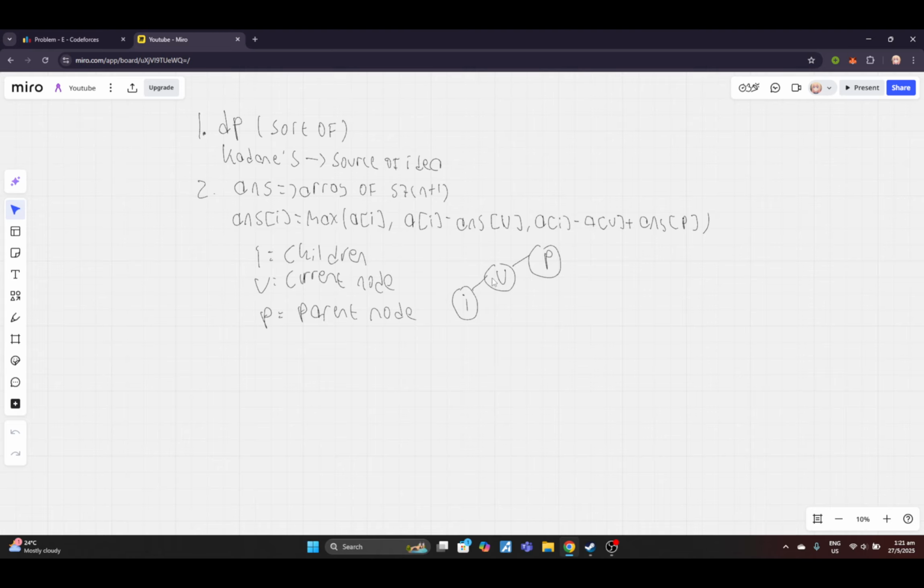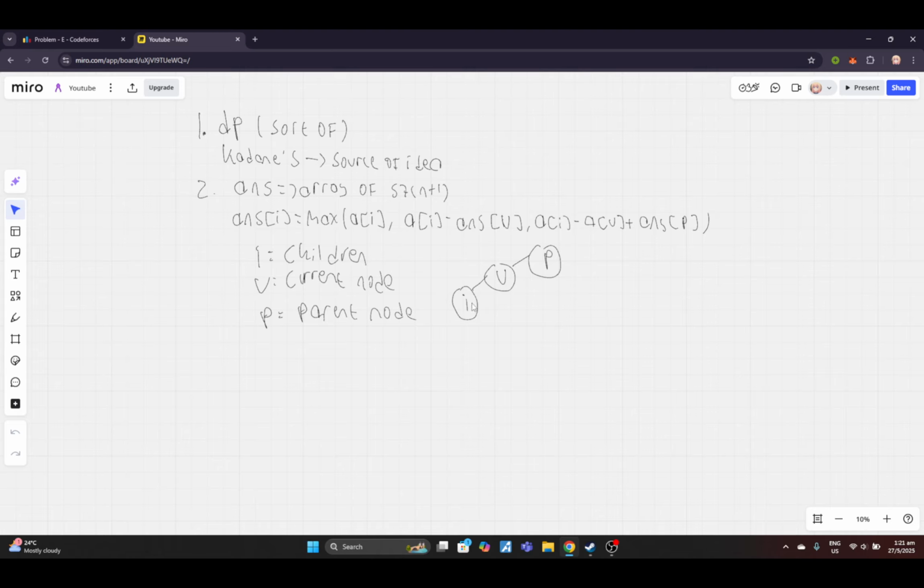The idea is that for the current answer, we can simply take a i, so basically the initial value of the node without changing anything. Or we can take the alternating sum of a i minus answer, because the answer here will be negative times answer because of the alternation.